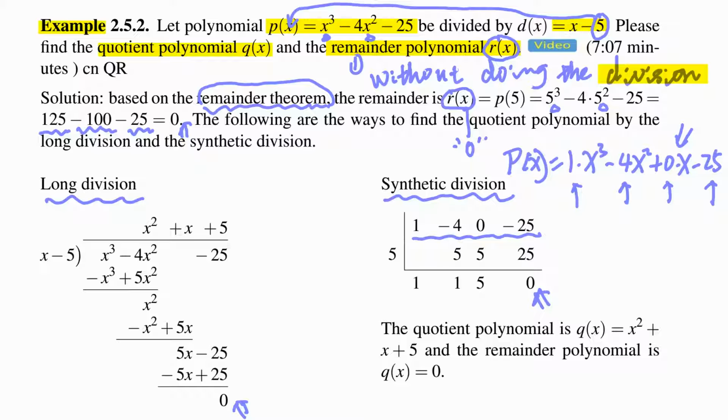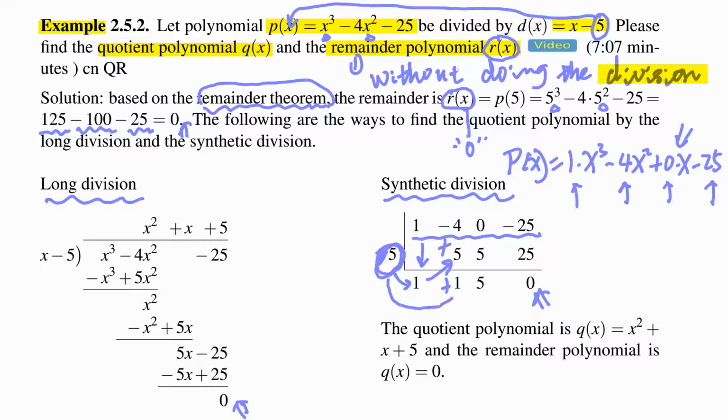Okay. Now for this x minus 5, you want to put positive 5 here, not -5. Positive 5 here. Okay. So when you copy it down, 1 times 5 gives you 5. Add together negative 4 with 5, you have a positive 1.